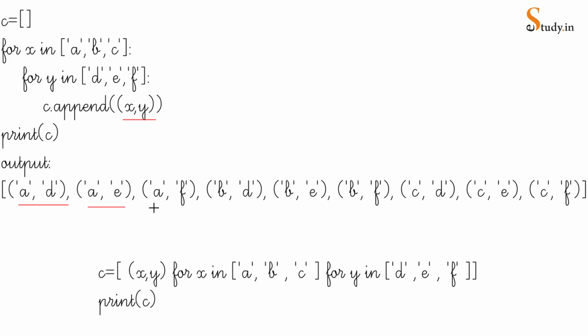Then a comma f. Right, now this inner for loop is complete. Now the value of x will become b. So again for value b, this loop will be iterated. So we get b comma d, b comma e, and b comma f. Now for the third value of x, which is c, again this inner loop will be completed. So we get c comma d, c comma e, and c comma f. Okay, so this is the output of this.